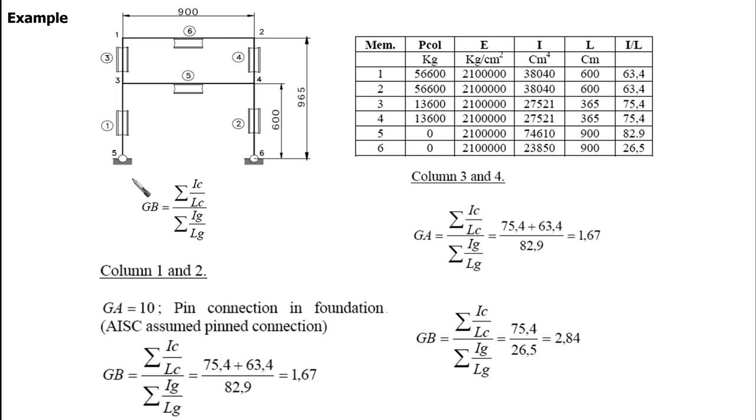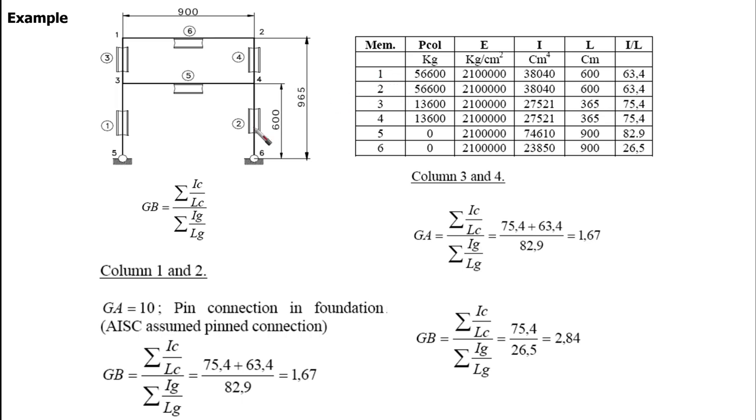First of all, whenever we have a frame like this, we can make a table, which is going to be easier for us if we are going to calculate GA and GB, the G at the ends of the columns, for all columns in the structure. Then we can make it in a table like this.